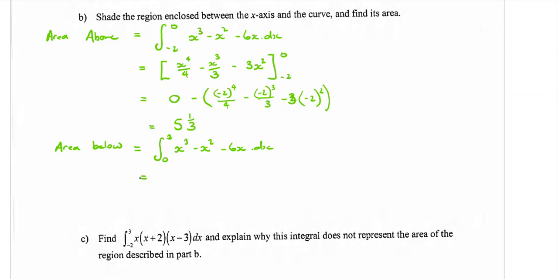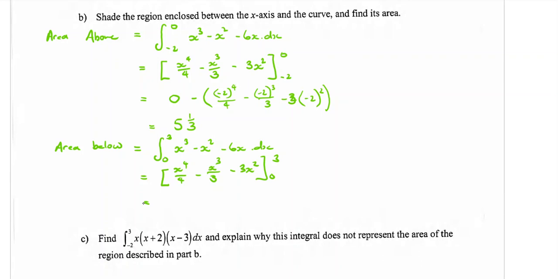So just look back up here. That is our integral already. So just copying that part down again, just got different numbers on the end. Okay? So x to the 4 over 4 minus x cubed over 3 minus 3x squared between 0 and 3.